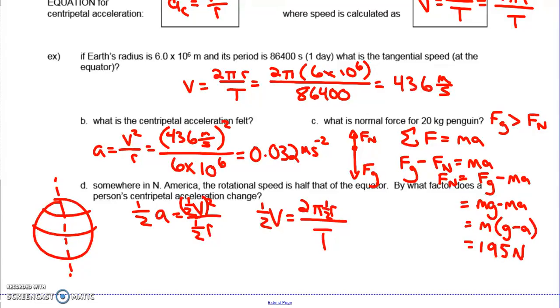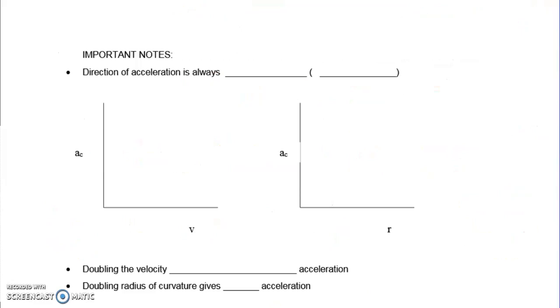Half squared is a quarter over a half is a half. So 1/2 my acceleration. Okay, so important things: we know that the direction of the acceleration is always inward. That's what we mean by centripetal.